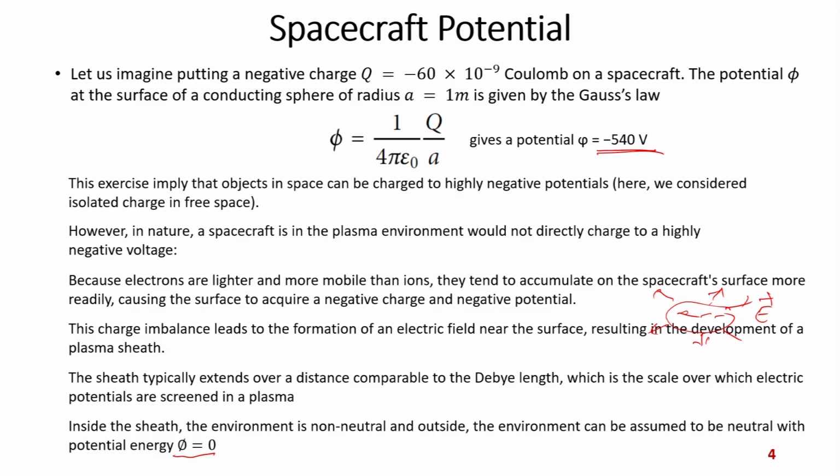In general, plasma is neutral. So, we consider the plasma potential as phi equal to 0. If you remember, I called the spacecraft a capacitor. One plate is the spacecraft and the other plate is the reference plate, which you can consider the boundary of the sheath where the potential is 0.